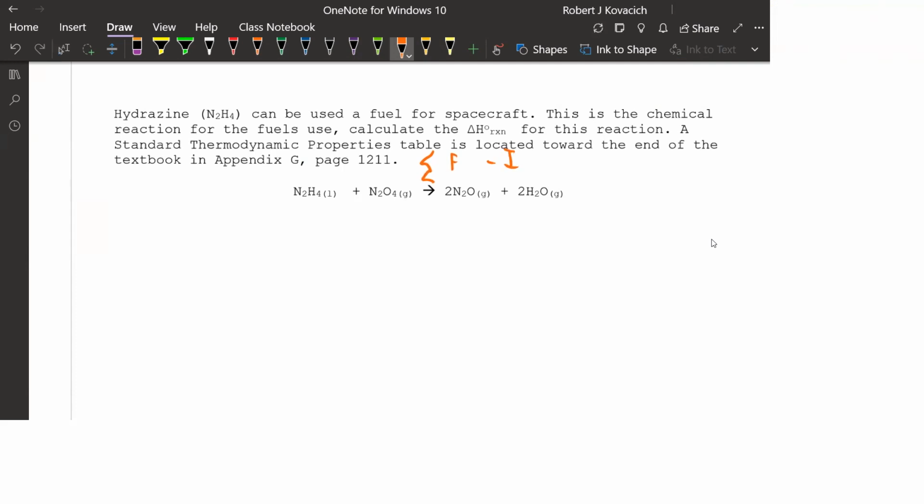And so what we need to do is let's do the final ones first. So I'm going to go find the values for NO2. All right, so NO2. Scroll, scroll, scroll. Okay, so I'll drag this down here.